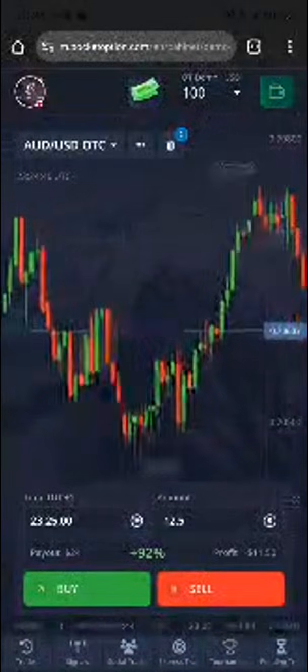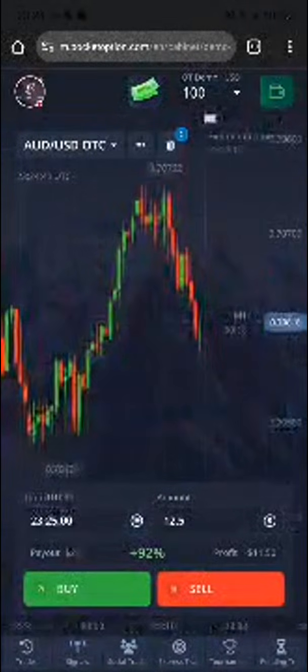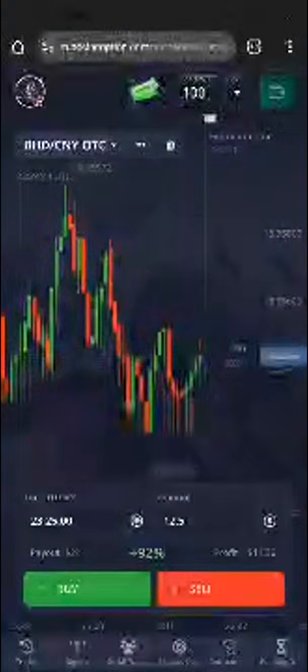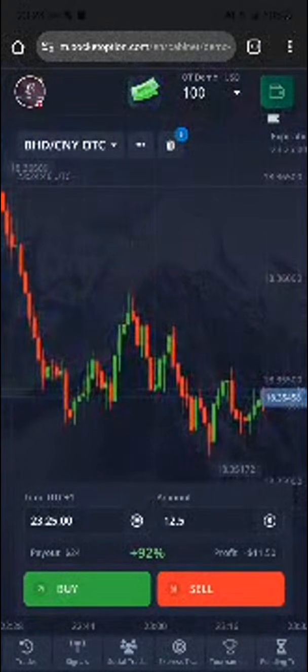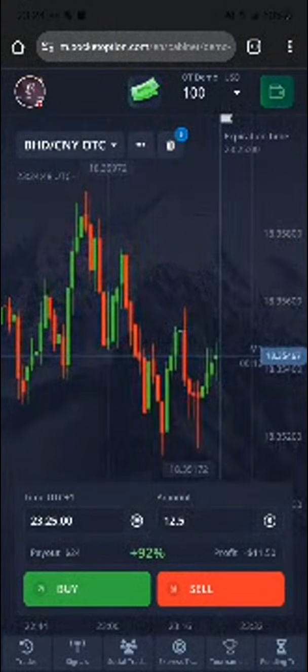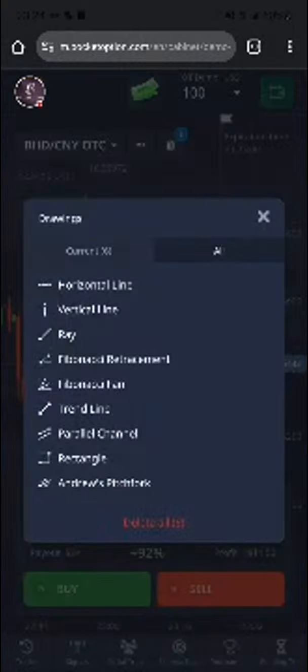Even though we have one or two reasons, it's not enough. You understand? It's not enough, so we will just move on. We can't take this trade. We'll keep moving until we find a very good trade. That's what we're going to do basically.